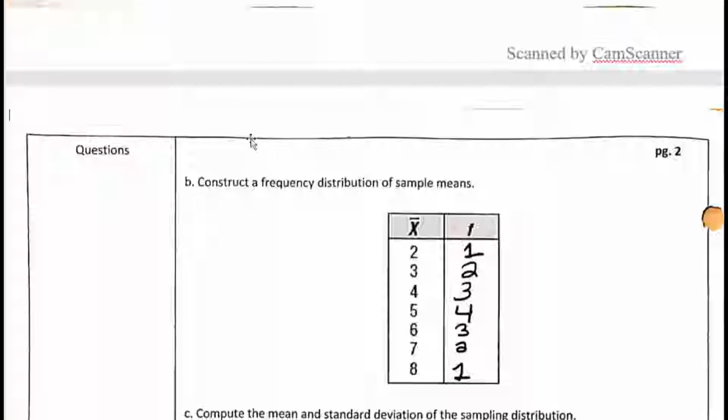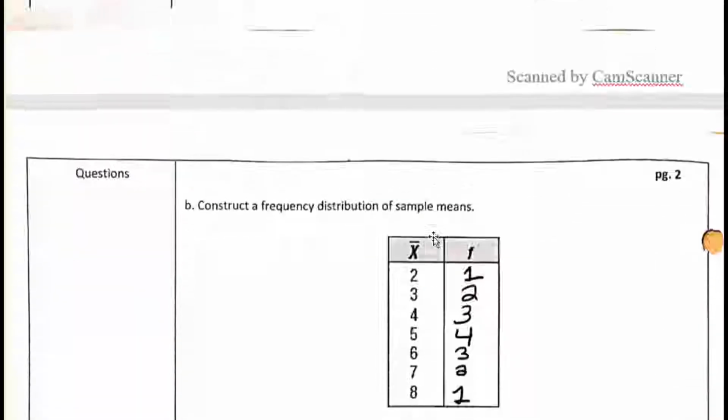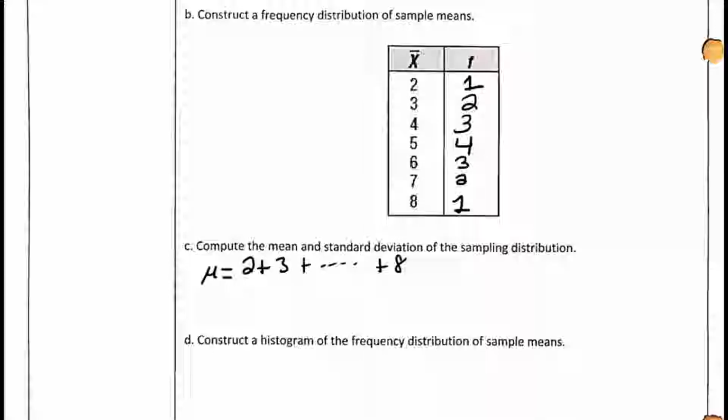You can use this guy, or you can use the original. So we got 2 plus 3 plus 4 all the way to 8. Add up all those numbers, and we had a total of 16 numbers, which is going to give us 5.